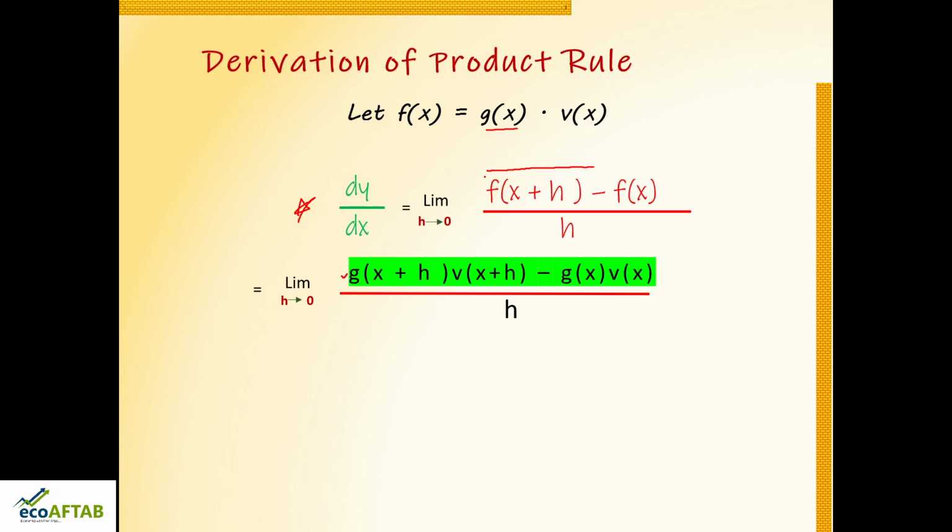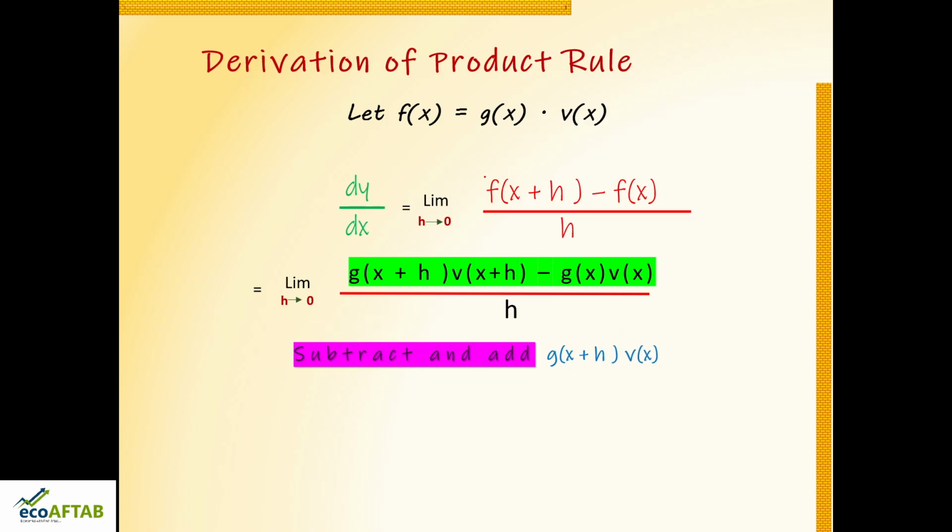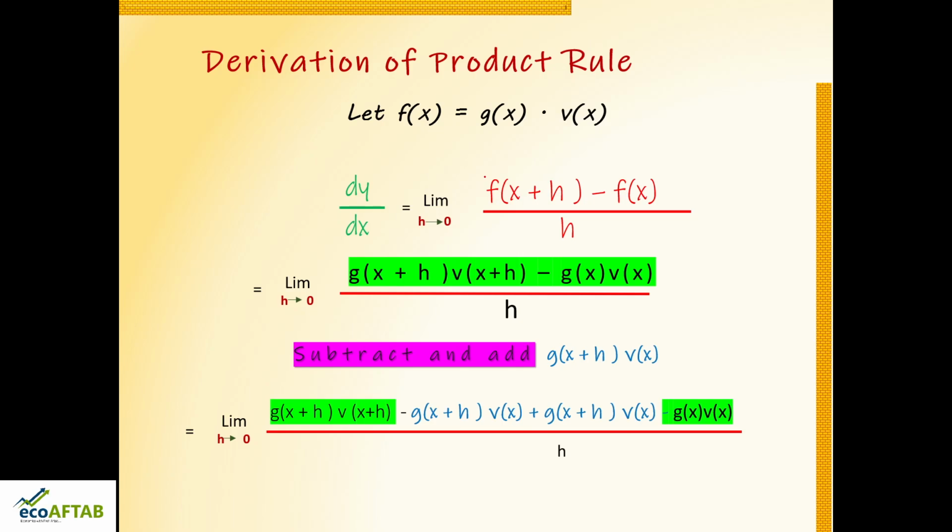Moving ahead, now let us subtract and add g of x plus h into v of x in the middle of the above formula. So, see how it will be. This will be equal to limit of h tends to 0 of g of x plus h into v of x plus h.